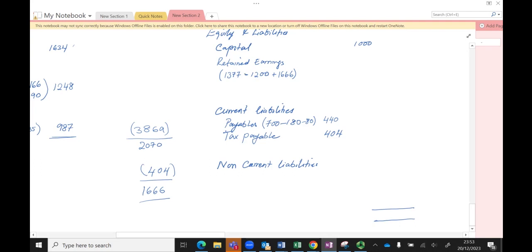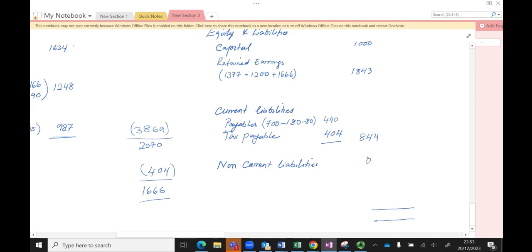So if I solve for retained earnings, if I take the total retained earnings, it's 1377 minus 1200 plus 1666, and that is 1843. The total payables 440 plus 404, that gives us 844.